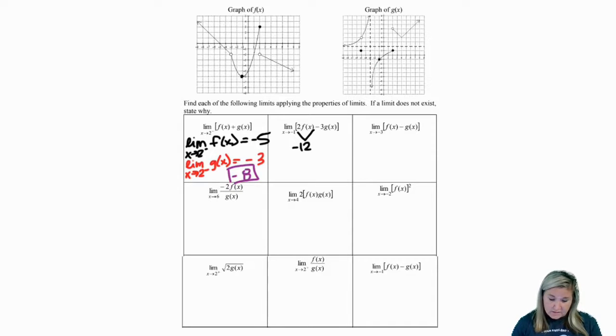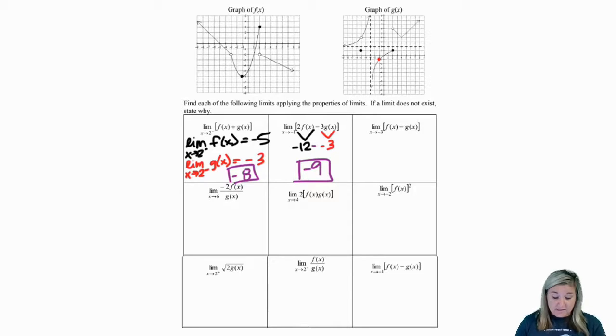Now for g of x, we have -1. So this ends up being -3, and I'm going to subtract. That is going to give me negative 9, because it ends up being negative 12 plus 3. So pay close attention to that negative sign there.